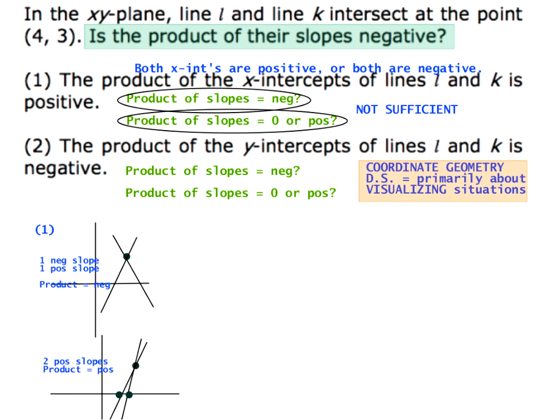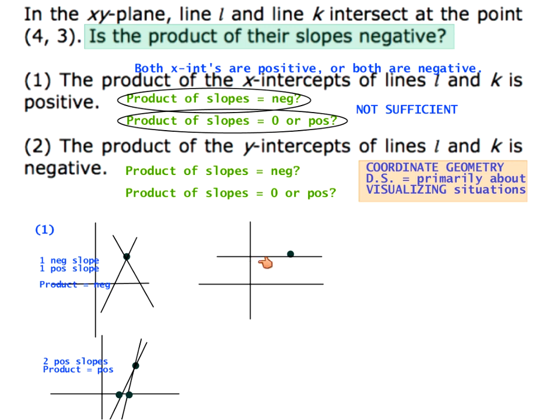Okay, let's try statement 2. Product of y-intercepts is negative. And I mean, just to show that you can get a 0, we can make that one of the cases, right? If you just have to have 1 positive y-intercept and 1 negative y-intercept, we can make one of the lines flat.